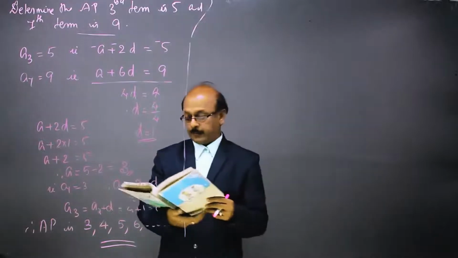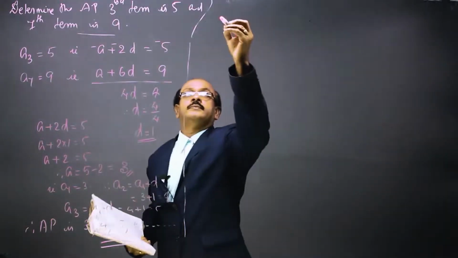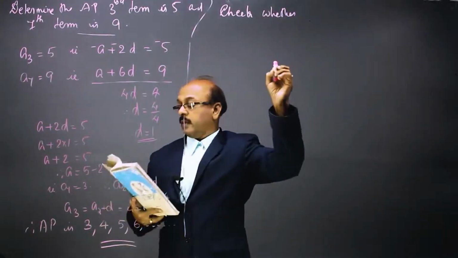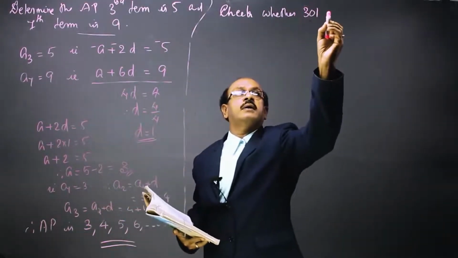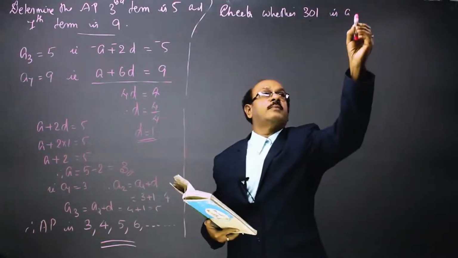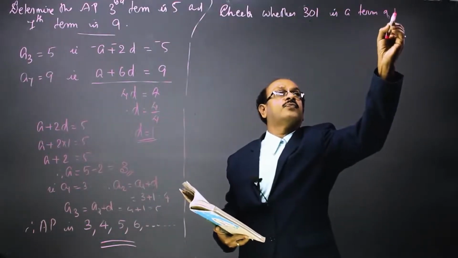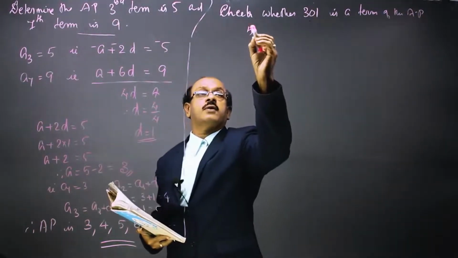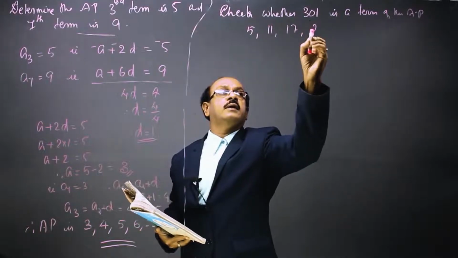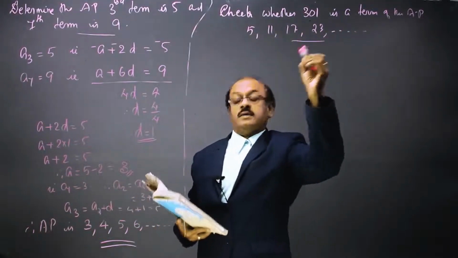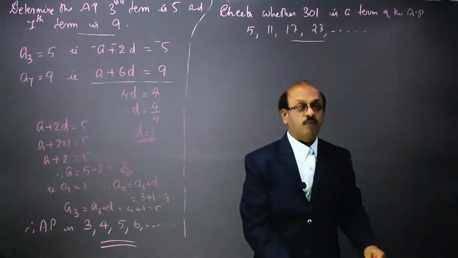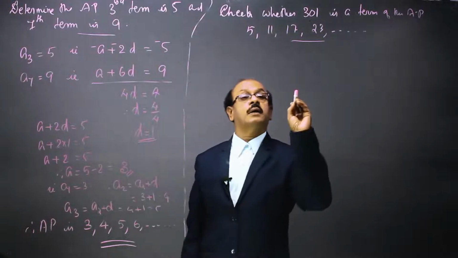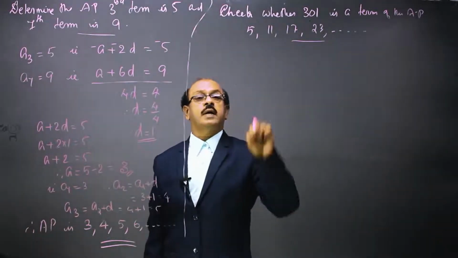The question is, check whether 301 is a term of the AP 5, 11, 17, 23, etc. Here, one arithmetic progression is given and we have to find out whether 301 is a term of this arithmetic progression.